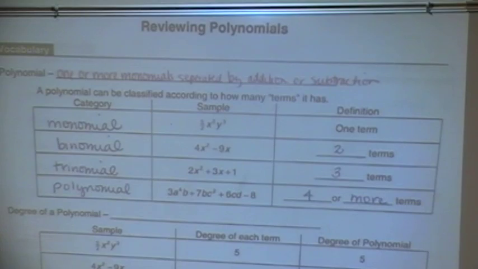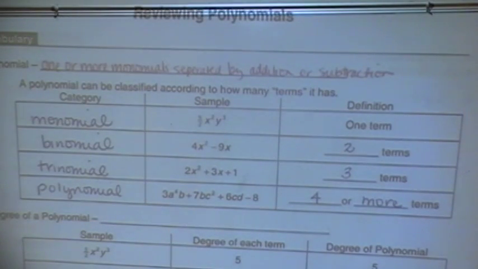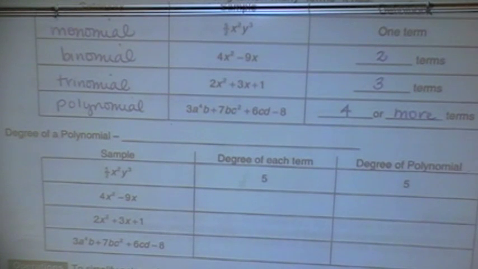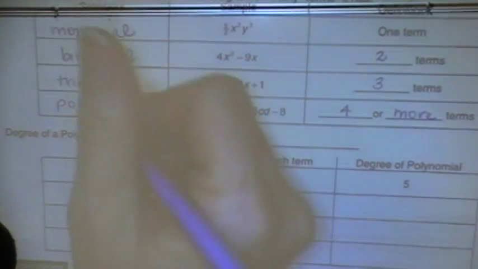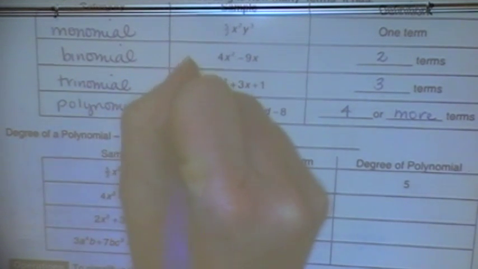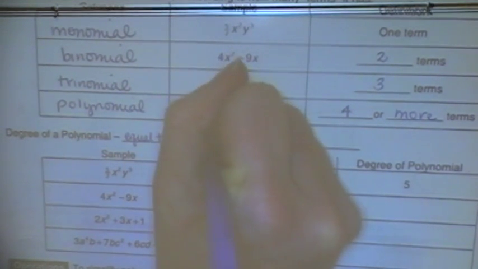All right, so yesterday we also talked about degrees of a monomial. Remember, the degree is the exponent on a variable. Well, the degree of a polynomial is equal to the highest degreed monomial.